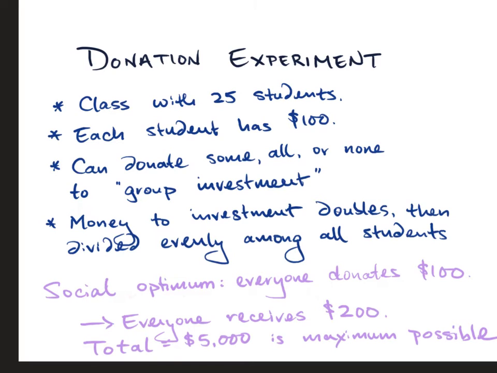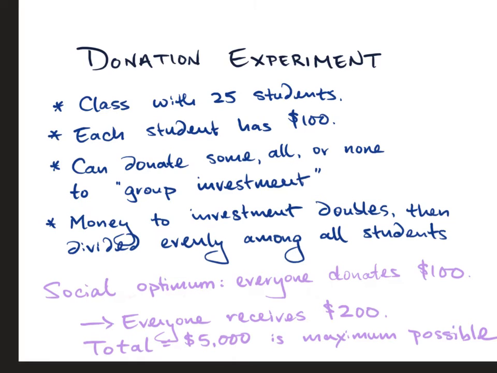Now, let me talk about what is optimal for society. Remember, the social optimum is really what a benevolent social planner would choose for society in order to maximize overall benefit. And in this case, the social optimum would be that everyone donates the full $100.